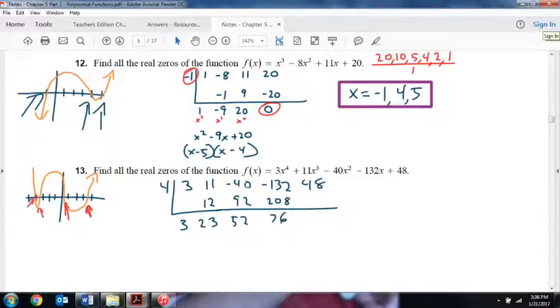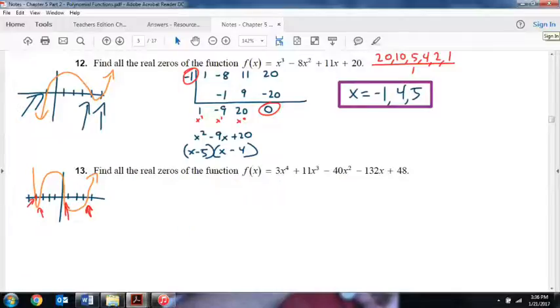Oh, I know why I'm not getting the right answer. Mr. Hunter's a doofus. Let me try this again. Here's why. This point over here is a negative 4. So a positive 4 is not going to work.